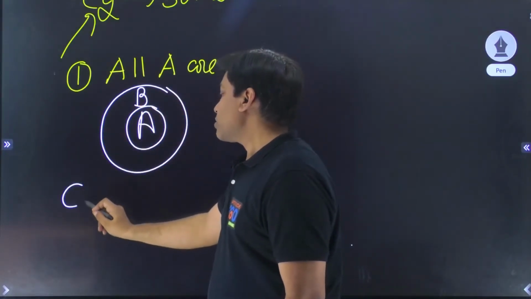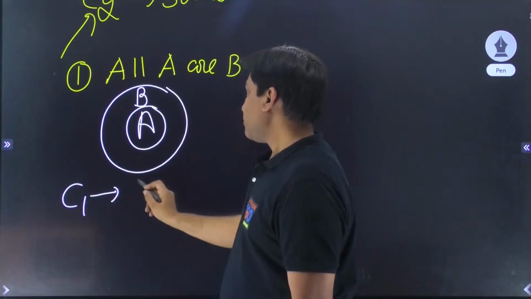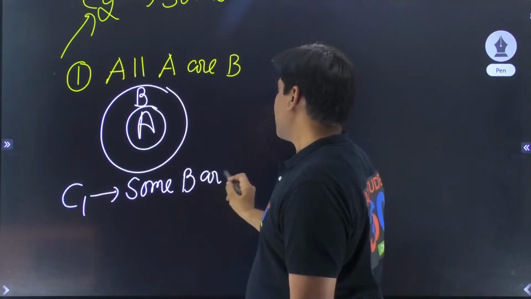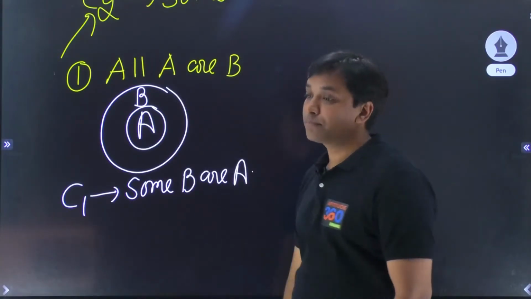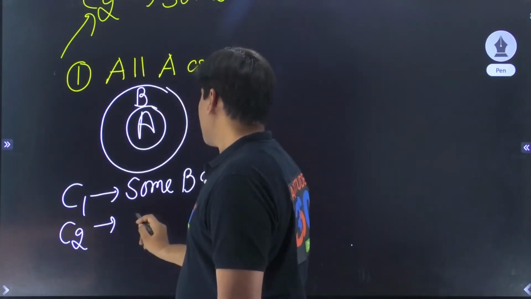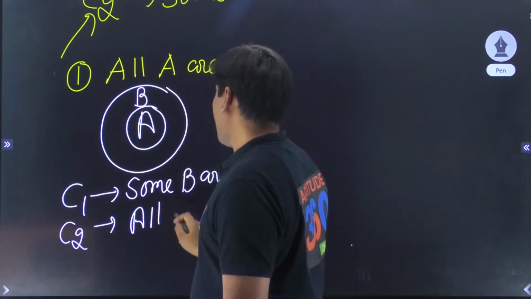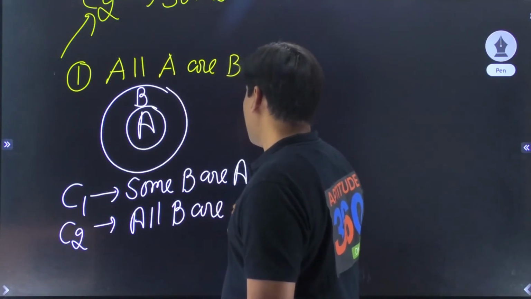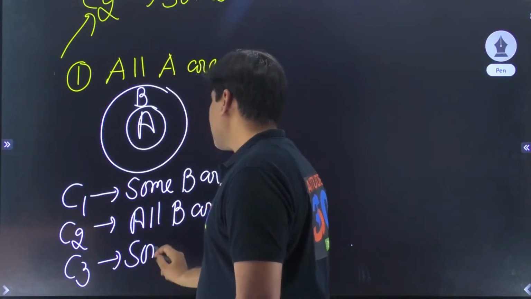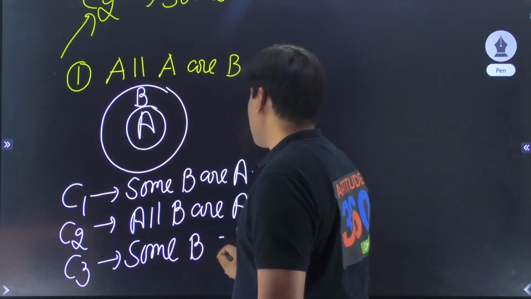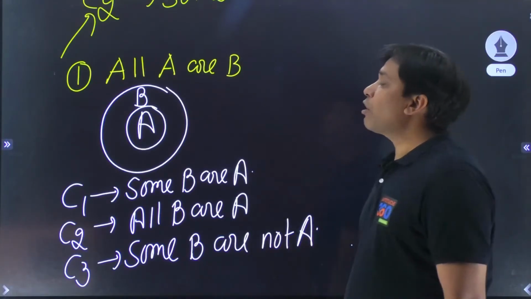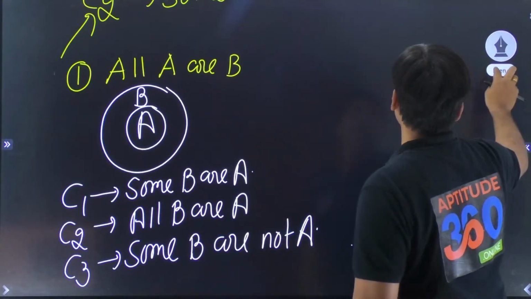So can I draw this conclusion? Conclusion 1: Some B are A. Conclusion 2: All B are A. Conclusion 3: Some B are not A. Tell me which conclusion holds true in the first case.